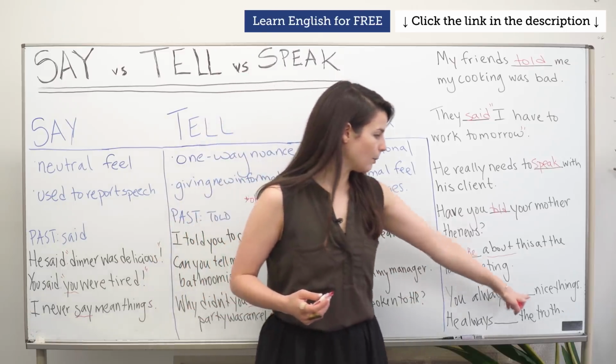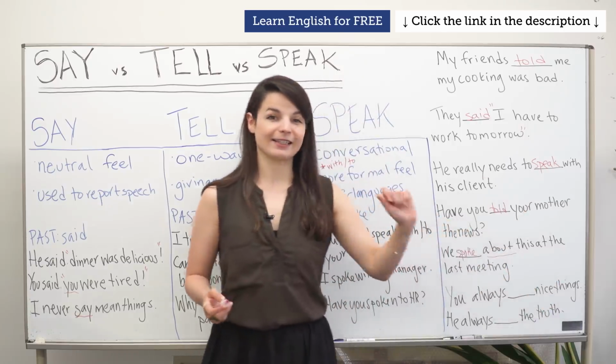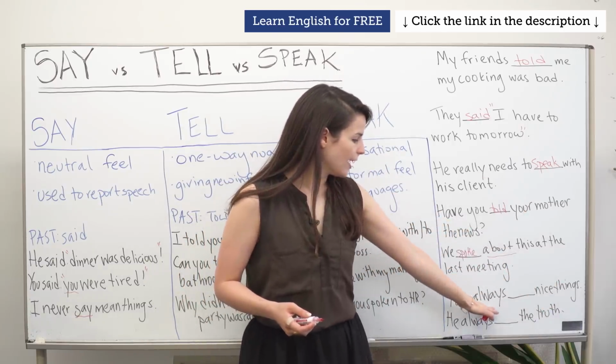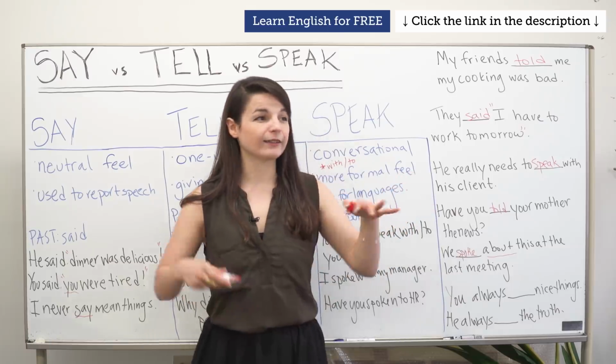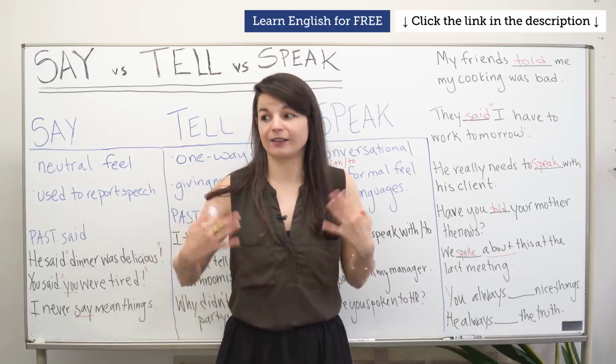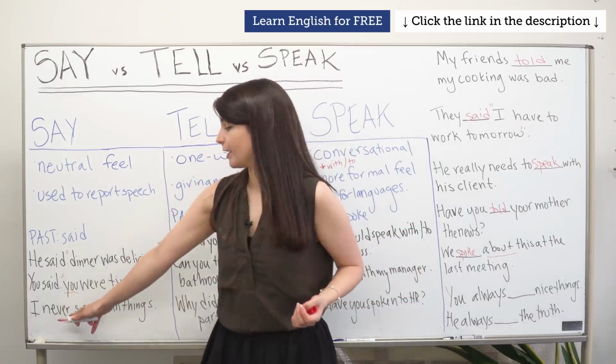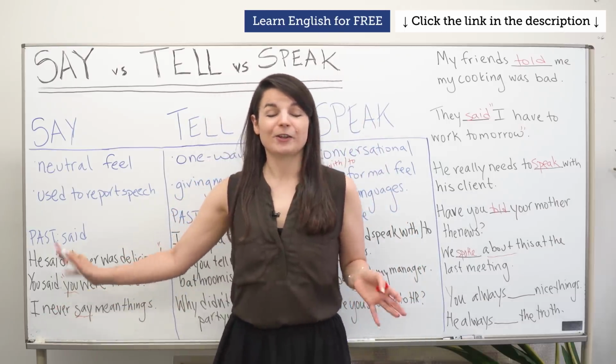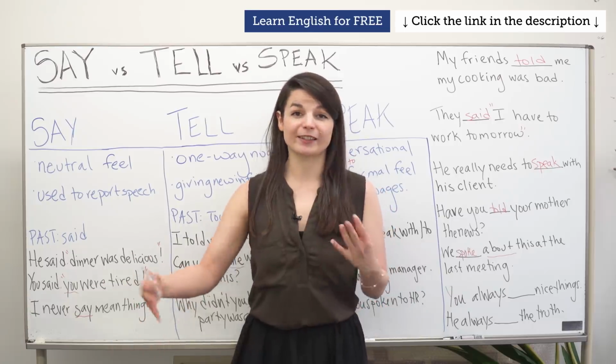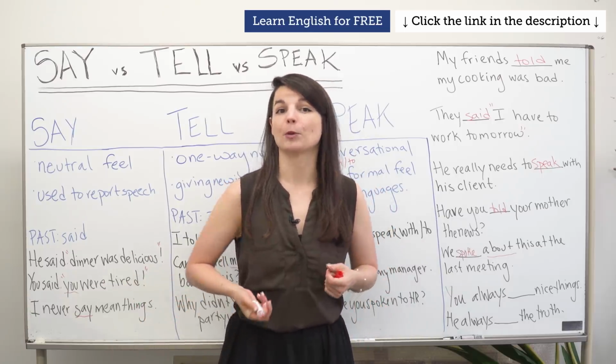You always, blah, blah, blah, nice things. So always here is a word which indicates a regular action, something that is always true. We talked about an example over here, though I used never here. However, the grammar is still the same. We should still use the same grammar point here.